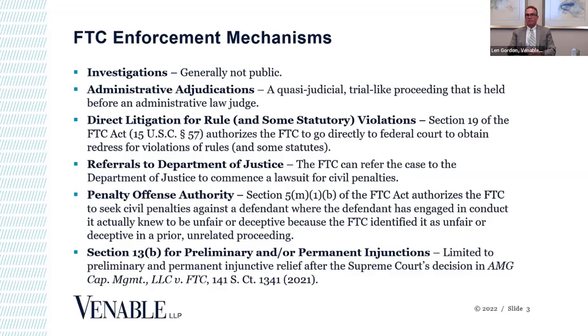This was an authority that the FTC used in the 70s and 80s and then put on the shelf, instead using Section 13(b). But with the demise of Section 13(b), which I'll talk about in a second, this is an area where the FTC is becoming more active.